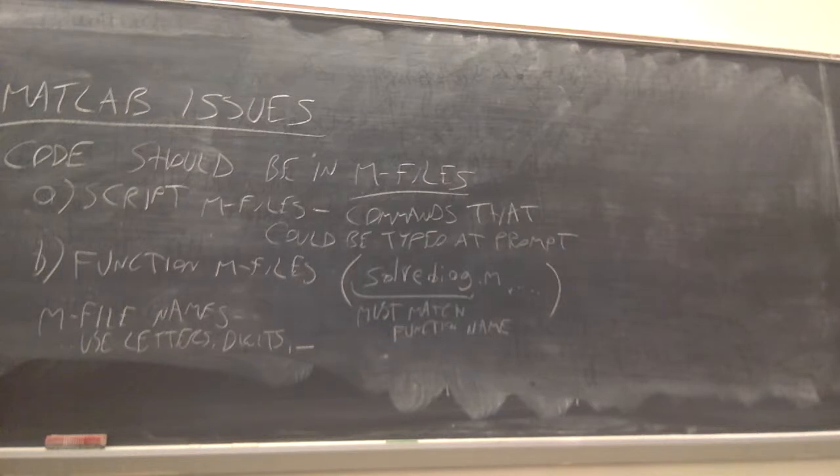So like C++, for example, allows letters, digits, underscores, and as long as it doesn't begin with a digit, then it's okay. And Matlab probably uses the same convention. I'm not sure what the rules are about underscores because I just don't use them. So I saw some file names that would have spaces or dashes or other special characters, not allowed. So make sure you keep that in mind so that you can actually run code.